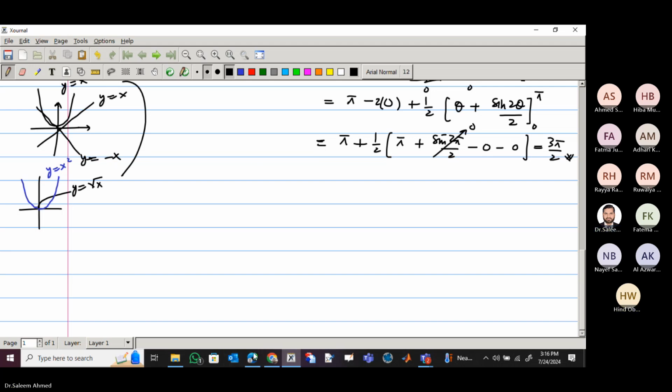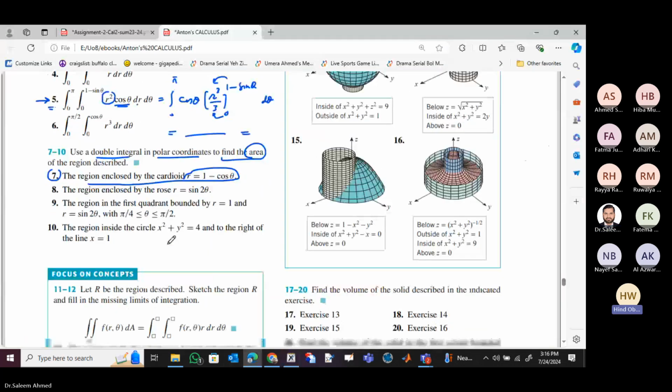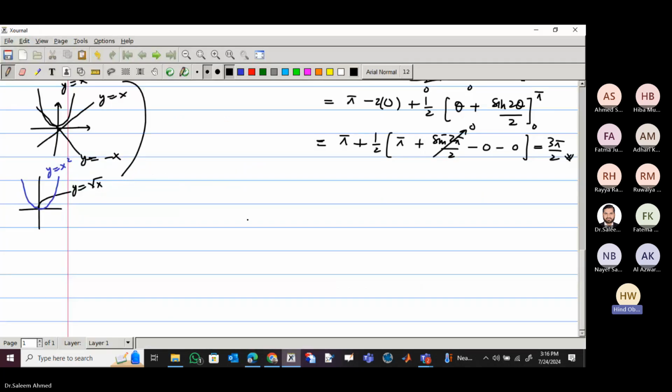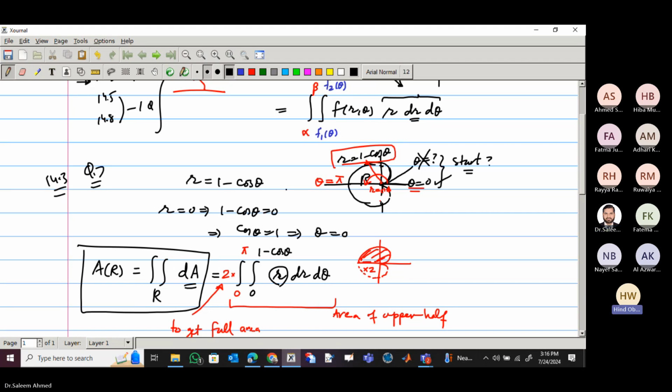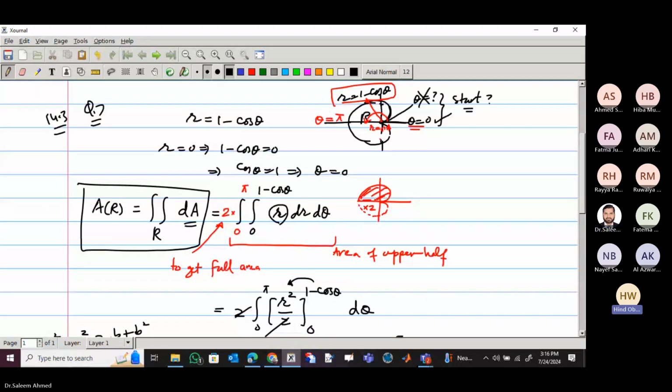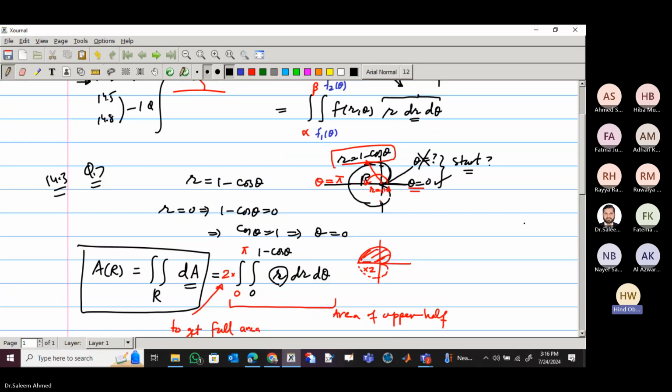Sir, some equations have one point integers. Like the previous equation that you did, where one minus cosine is set to zero, then we find the other value. Why did we do this portion?